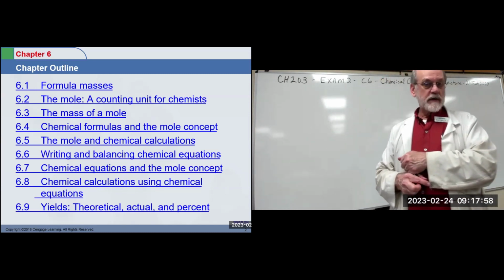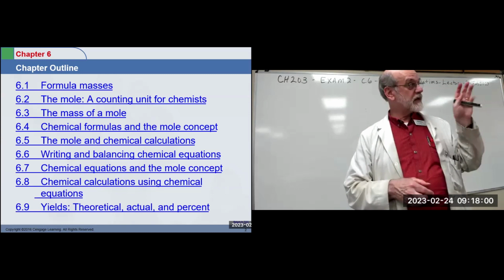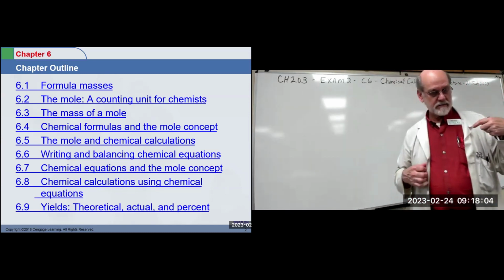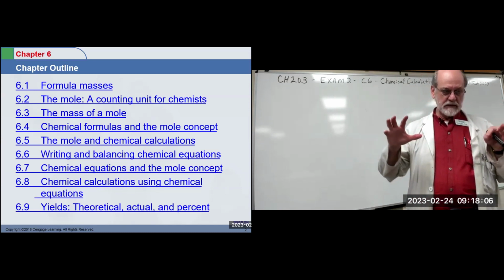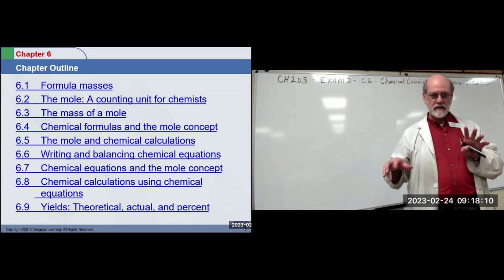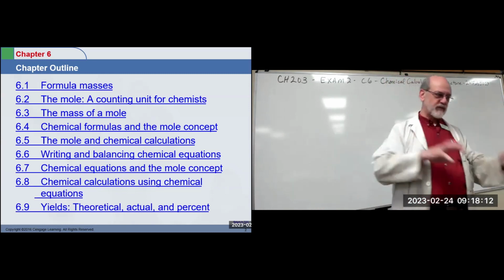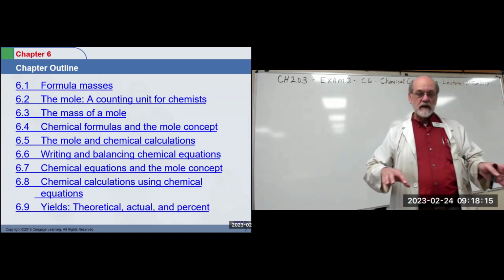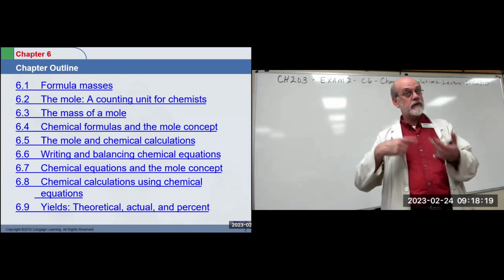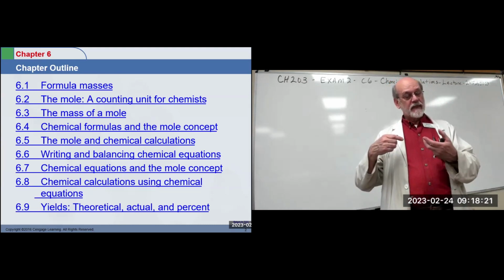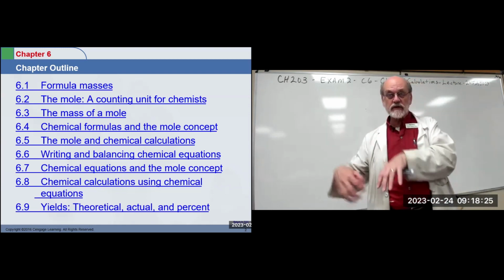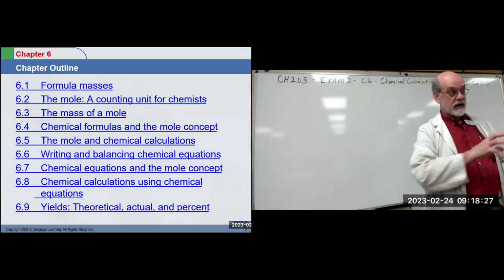Now we're going to learn how to use some of that information and follow the progress of reactions from reactants to products in terms of both how many atoms and molecules are interacting, and use that information to determine how much mass is going into the reaction, how much is coming out, and where.